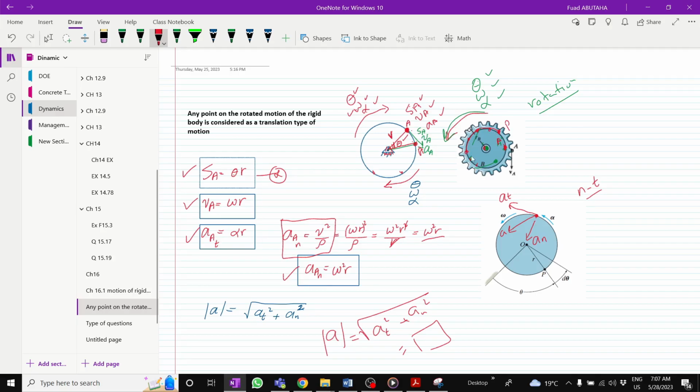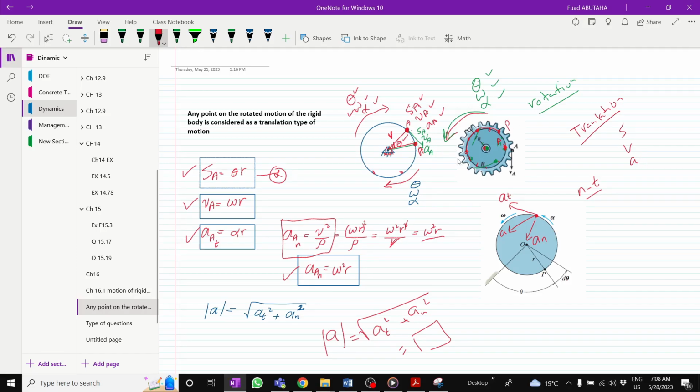So this type of motion is actually translation motion. So any point inside the rigid body, the rotating wheel or the gearbox or the disc, is a translation. And translation must have position, velocity, and acceleration.